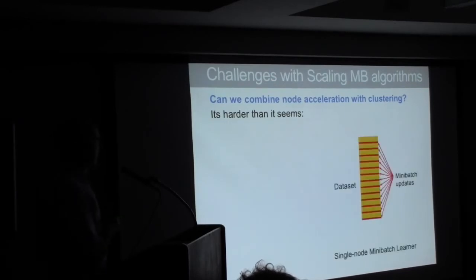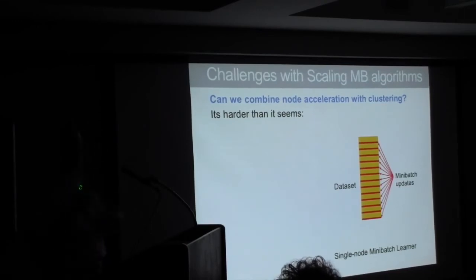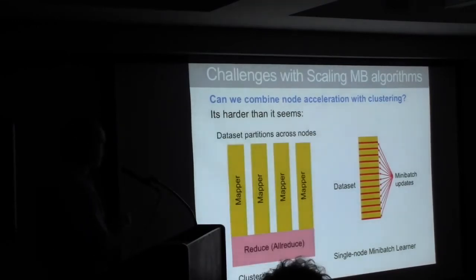It's not easy because in the mini batch world, say logistic regression, you're doing a little bit of computation and then a model update. If you want to run distributed, you really ideally want to do that model update as fast as it would happen in the serial version, and that often means many times a second.